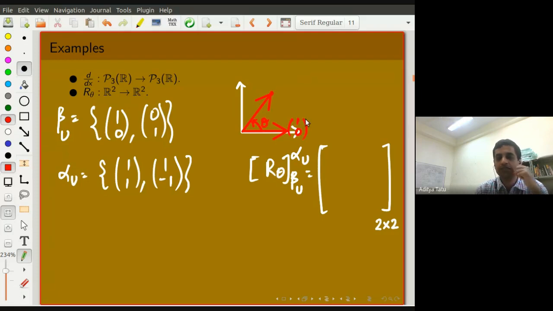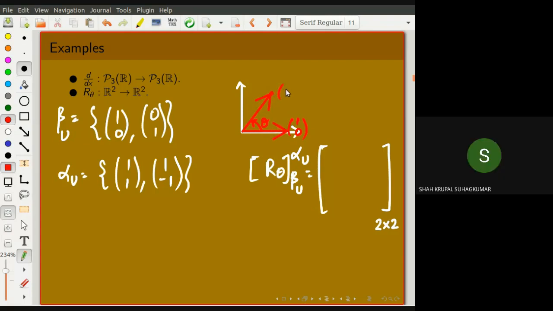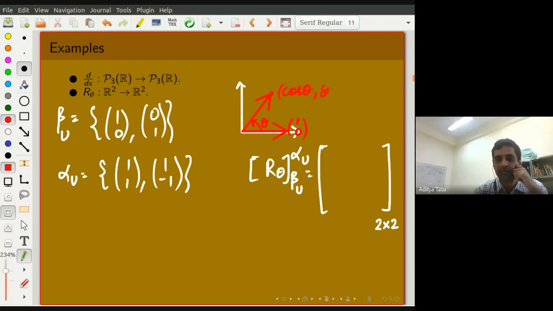What would be this point? What would be the x coordinate of this point after rotating the x unit vector? Cos theta, comma sin theta, and the y coordinate would be this. So what would be the first column vector?